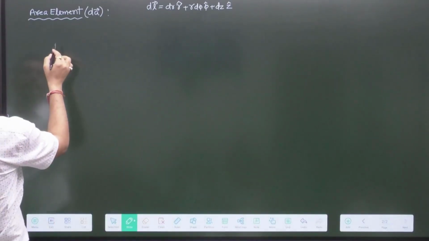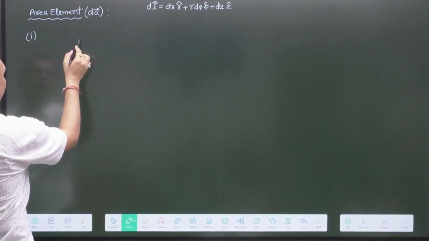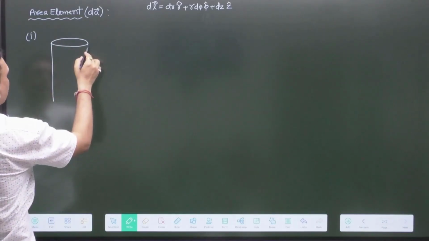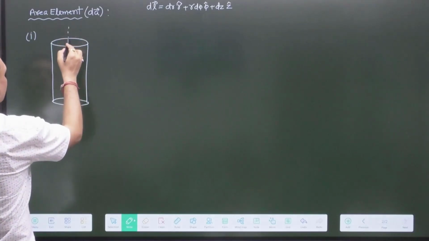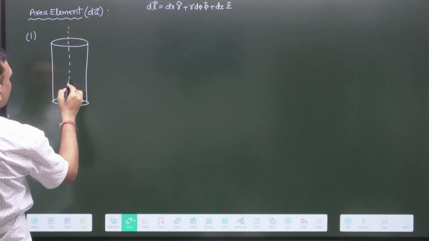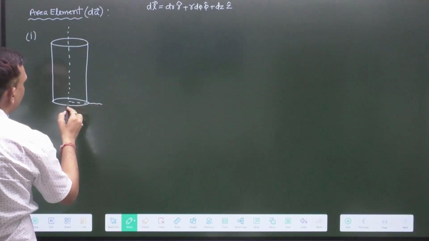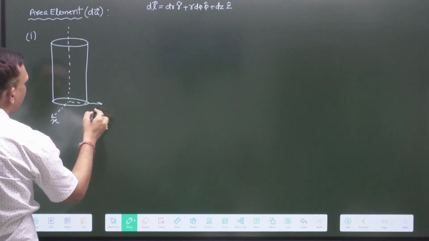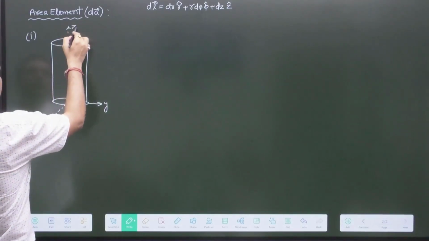So first example, let's take a cylinder of radius r and length L. This is x, this will be y, and this will be z.